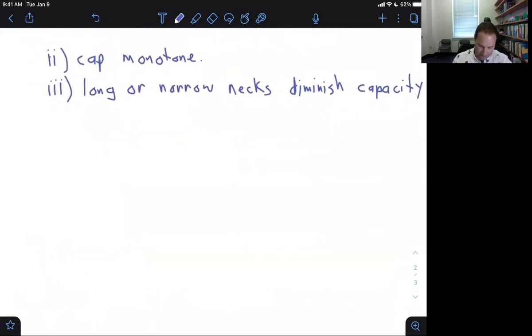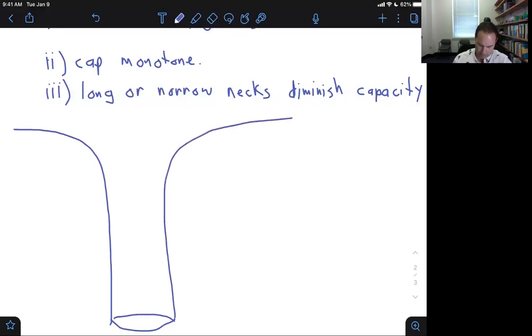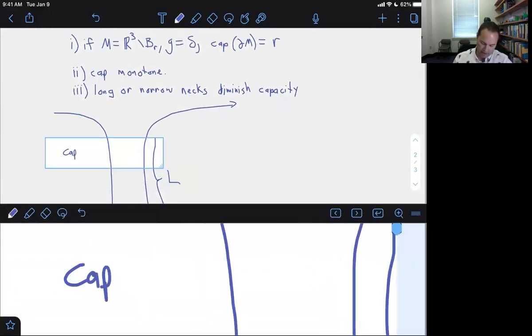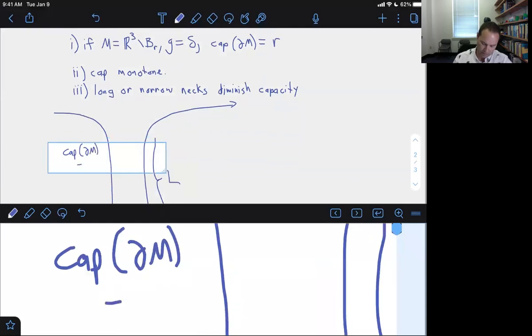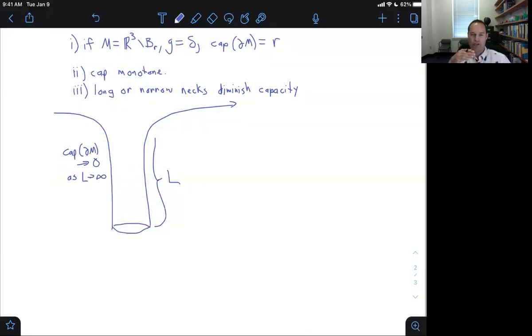A long neck, this was alluded to in Pengzi's talk as well, but if you have some asymptotically flat manifold and you have a long cylindrical neck of length L, the idea is that the capacity of the boundary would go to 0 as the neck gets longer and longer. And you can see that just by using test functions that are interpolating linearly over the long neck. Okay, so something that's getting buried deep down a well will have very small capacity.